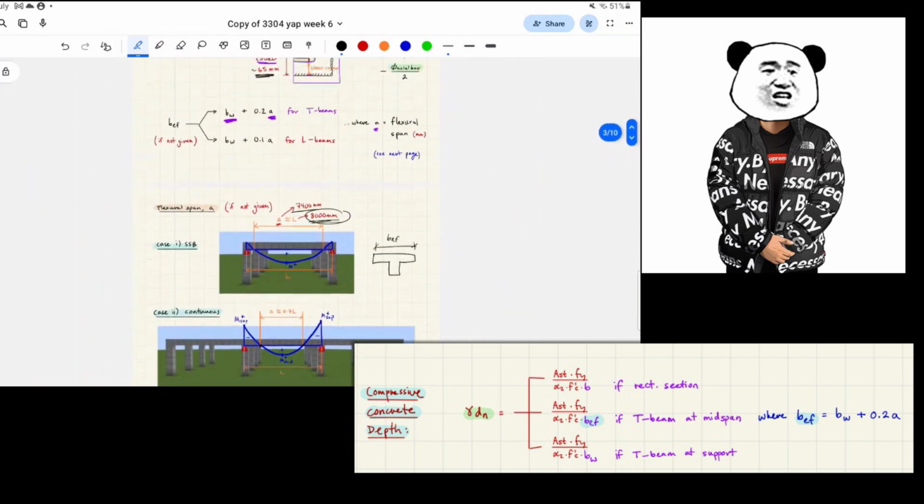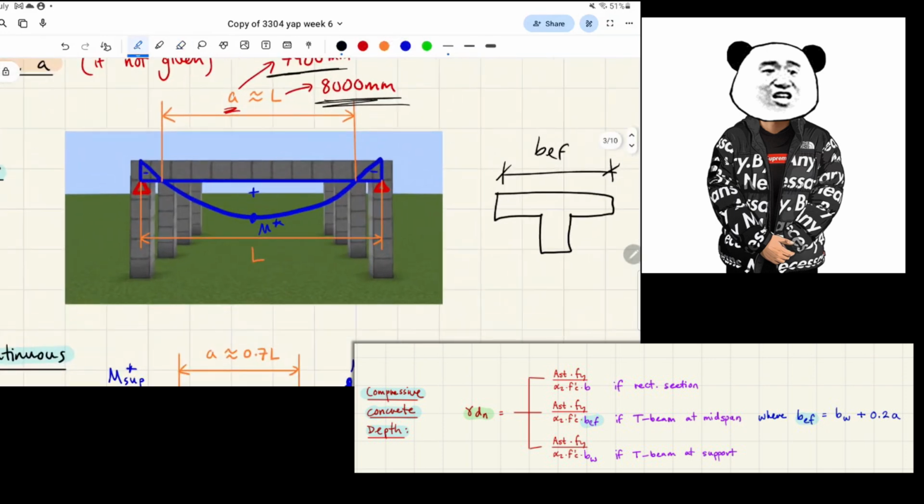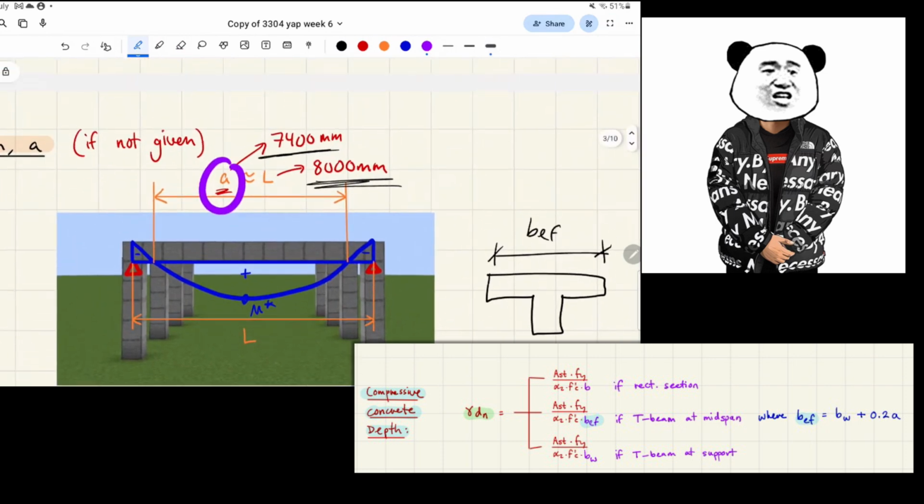Sorry, that only applies to continuous then? Basically, here's one way to think of it. We used A when we were calculating M star for the external loads. Agree? Yep.